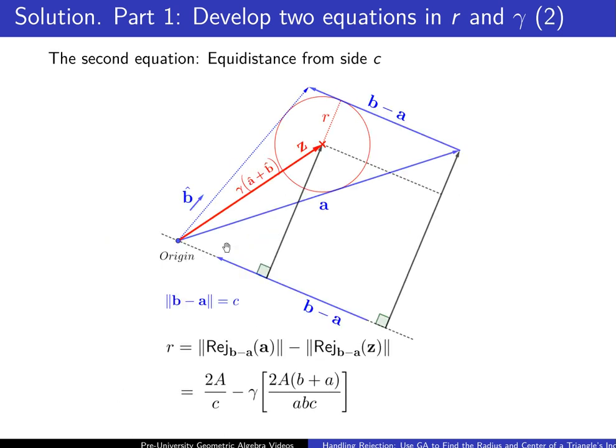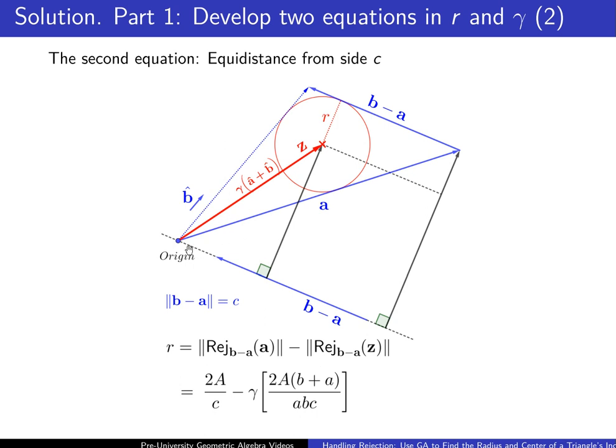The second equation, here we make use of the fact that a vector does not possess the attribute of location. So to see better what's going on, we don't use this side here. We find the rejections with respect to B minus A by drawing the vector down here, and that makes everything clearer.